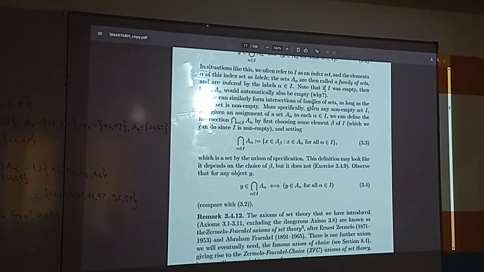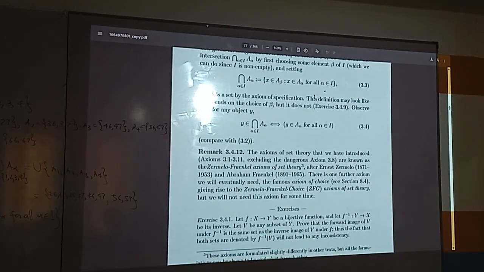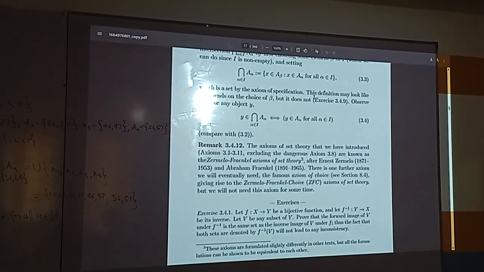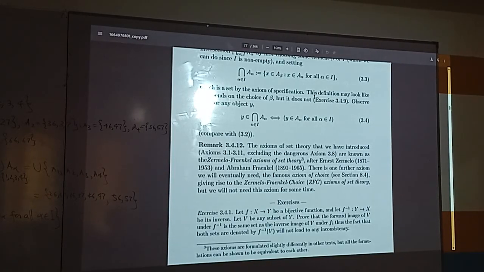And anyway, let's go read this one. The axioms of set theory that we have introduced, apart from the dangerous one, Russell's paradox, are known as the Zermelo-Fraenkel axioms of set theory.